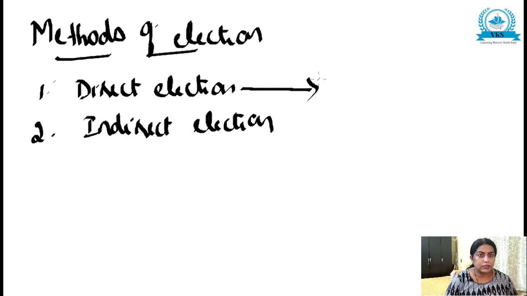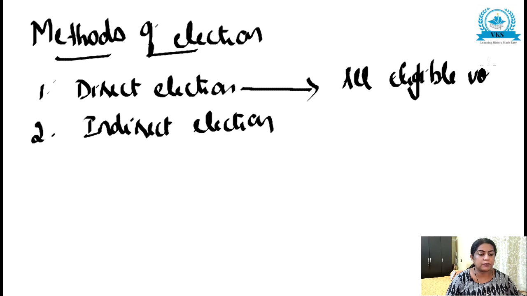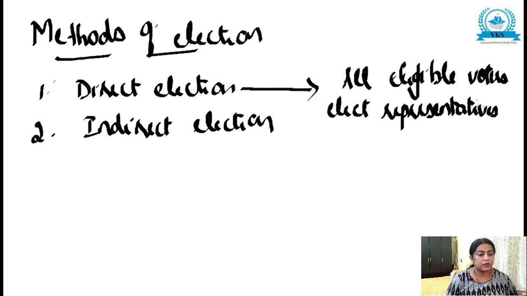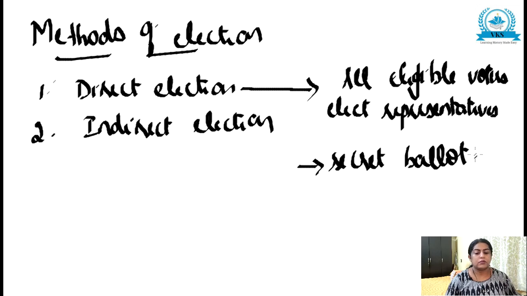In the system of direct election, all the eligible voters of the nation directly elect their representatives through the secret ballot system.